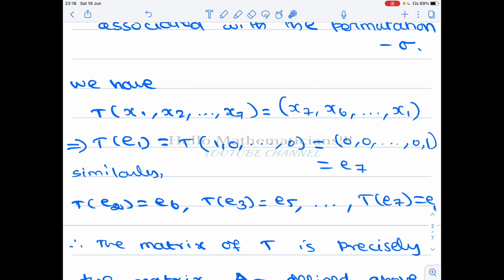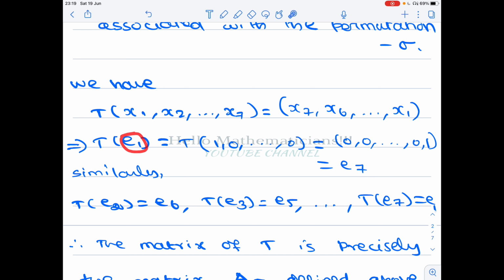That's how you will get the matrix of the linear transformation. For example, E1, E2, etc., E7 is my basis for R to the power 7. So the first basis vector will be E1. So what is T of E1? T of E1 equals T of (1,0,0,0,0,0,0). So T just reverses this. So we get (0,0,0,0,0,0,1). Okay, then this is E7.